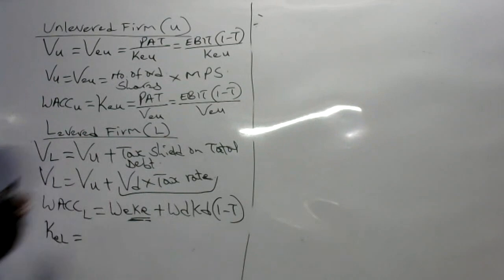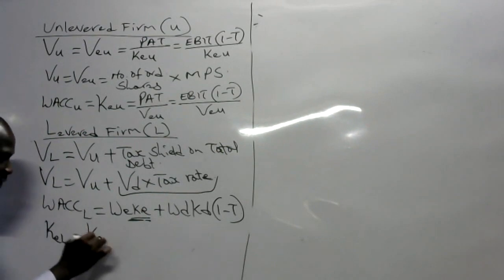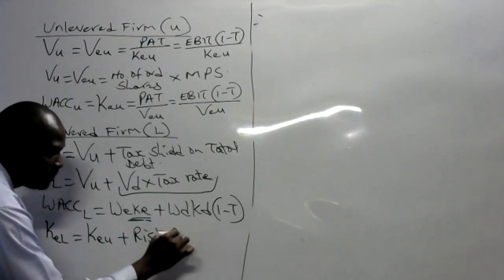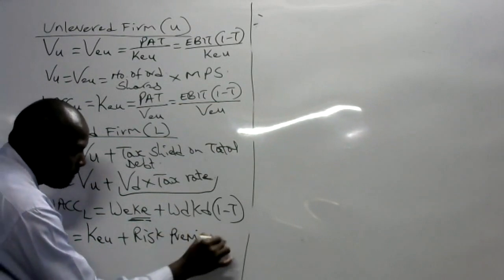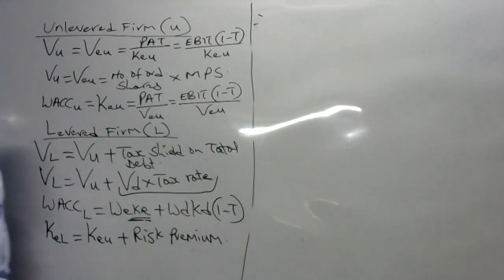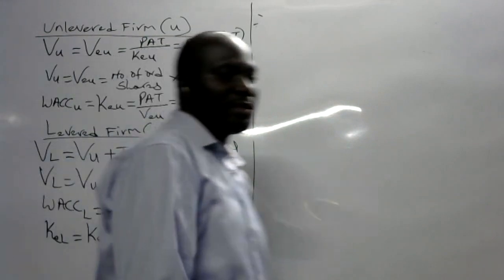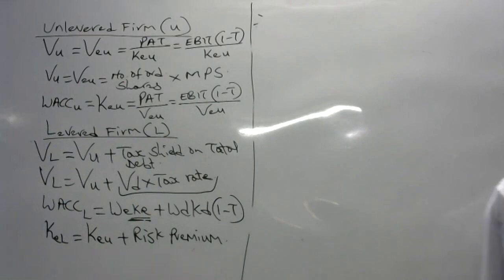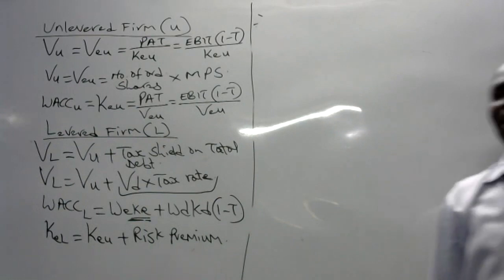Now this one, the cost of equity of the levered firm, it also originates from the unlevered firm plus risk premium. Cost of equity of unlevered firm plus risk premium. Do you remember the formula of risk premium?